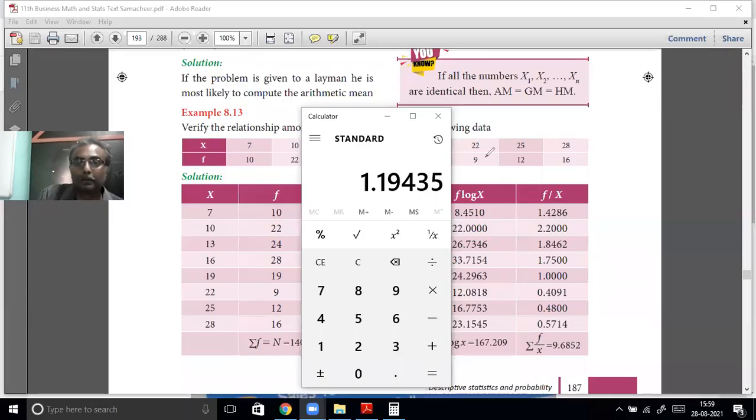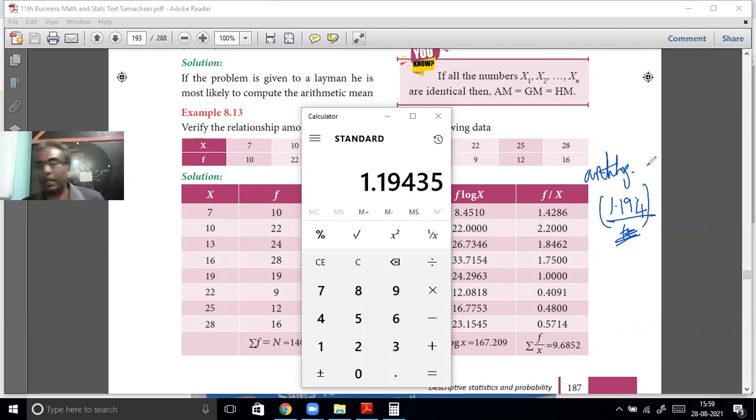Screen sharing went off. So this is 1.194. Now you have to find the anti-log of 1.194.